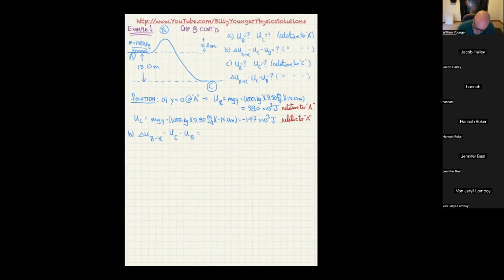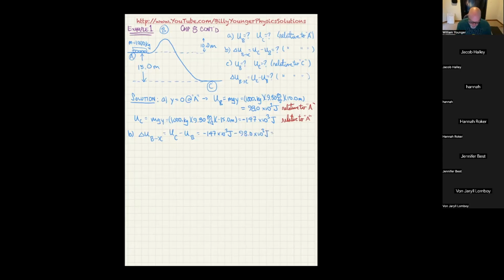Don't forget that, everybody. See the negative sign by the 147? That has to be there. So I'm now going to say negative 147 times 10 to the third joules minus UB. And UB is 98.0 times 10 to the third joules.